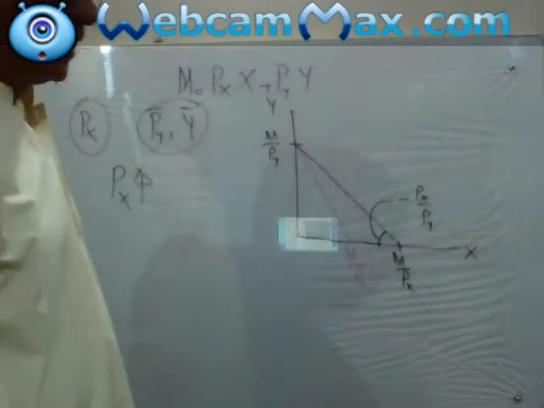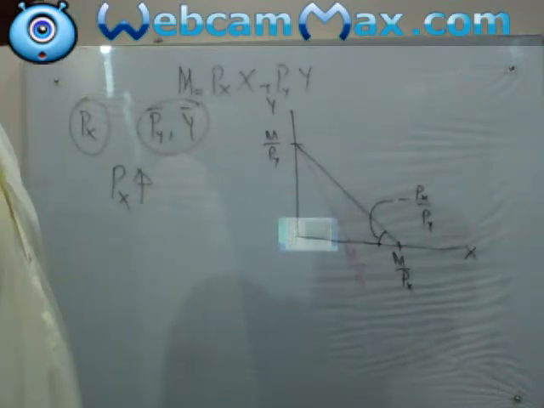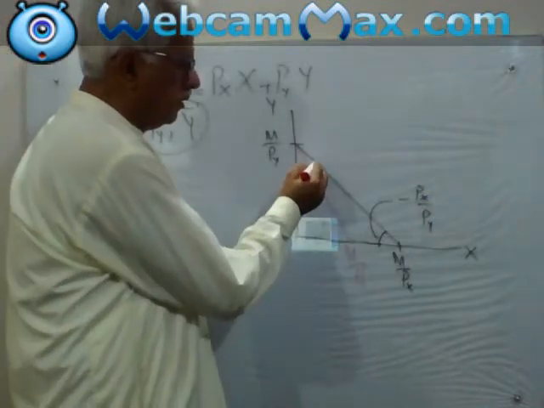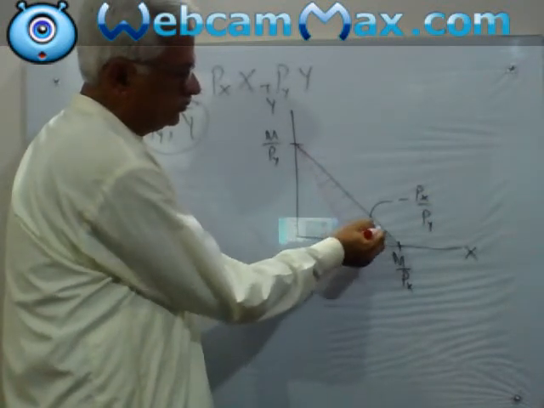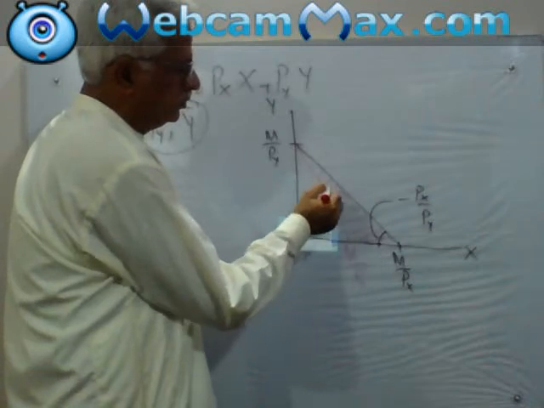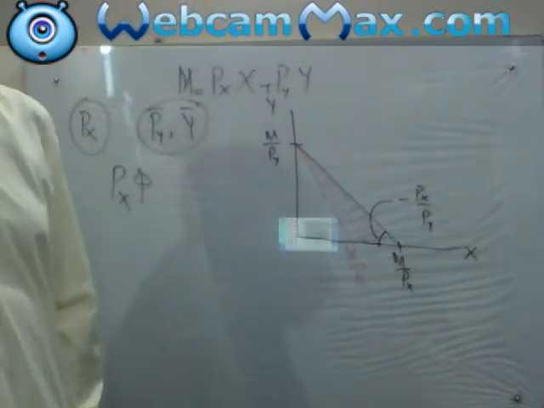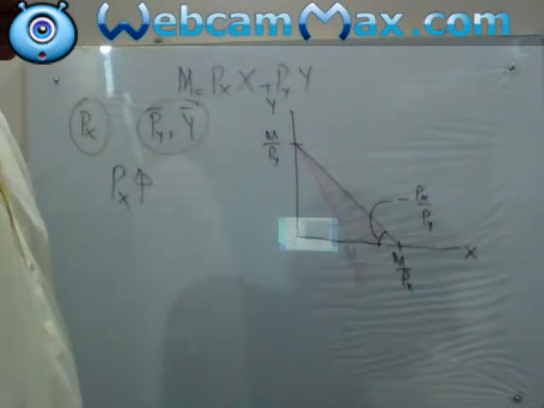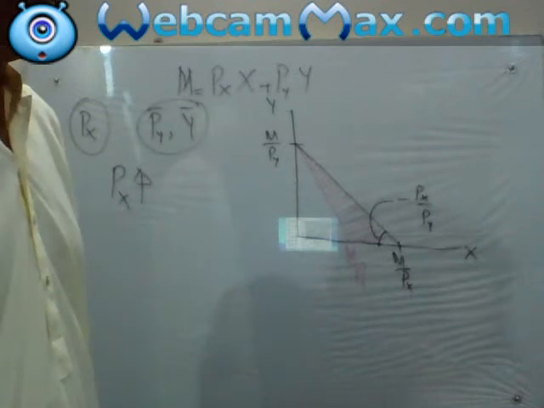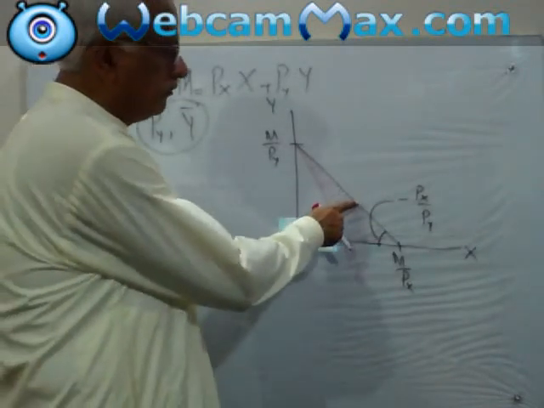So what happens with the increase in price of x? The consumer's opportunity reduces by this much amount. In other words, we can say that the consumer's purchasing power reduces or the consumer's real income reduces. So this is a fall in real income.